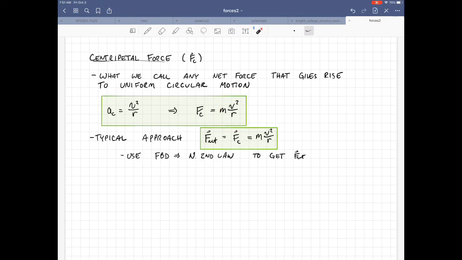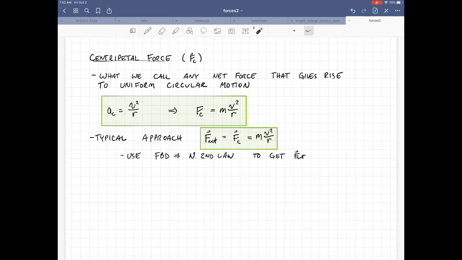And so the typical approach when we're dealing with centripetal force is that we analyze the problem just like we would in any force problem. We find the net force, and then we recognize that there's uniform circular motion, so we set that net force equal to the centripetal force, mv squared over r. So, again, same approach.